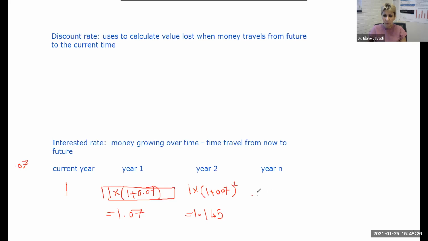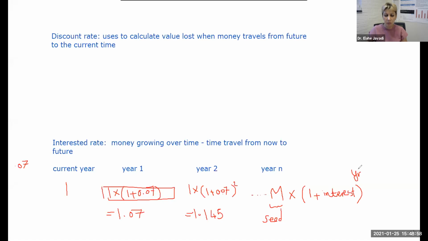And this is how the interest rate continues. When you go over the years, you get your money that you had at the beginning. That was the seed money. In my example, it was 1. You multiply it by 1 plus your interest rate raised to the power of years.